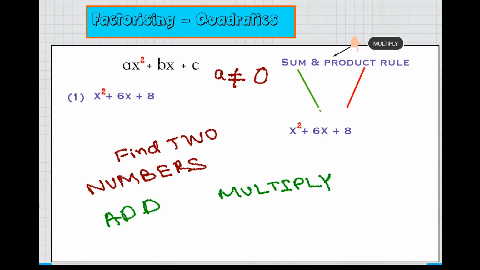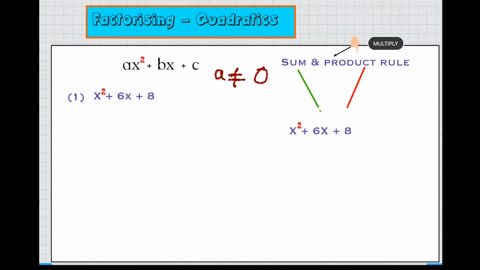That's why it's called the sum and product rule. So what we need to do is find two numbers which add up to 6 and then multiply with each other to give us 8.